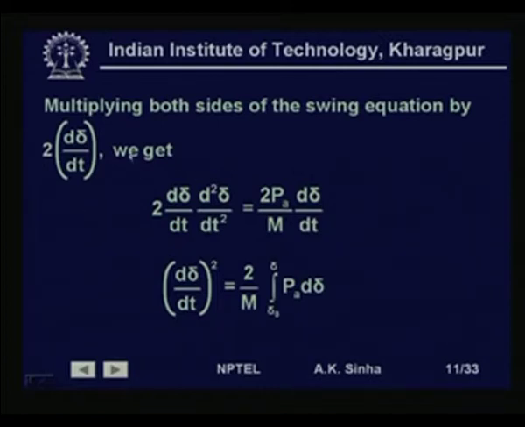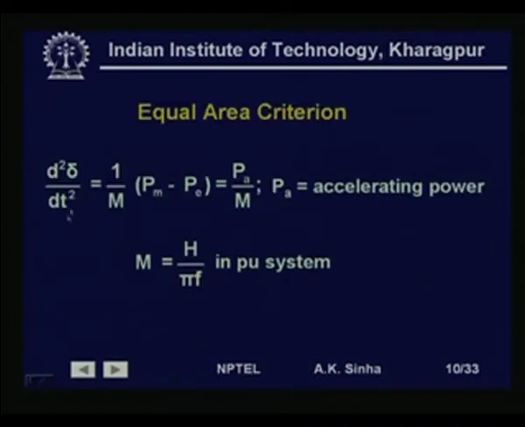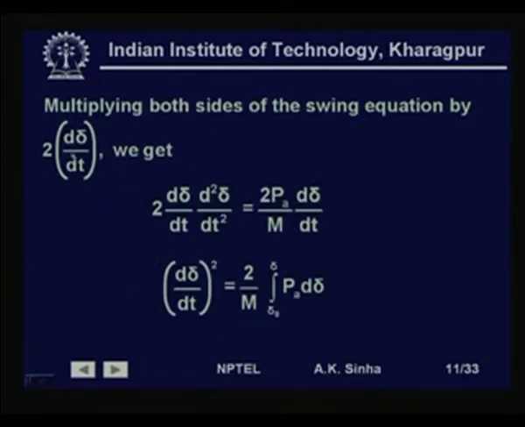Now, if we look at this equation, d²δ/dt² = Pa/M, we multiply both sides by 2 dδ/dt. Then we get 2 (dδ/dt)(d²δ/dt²) = (2Pa/M)(dδ/dt).